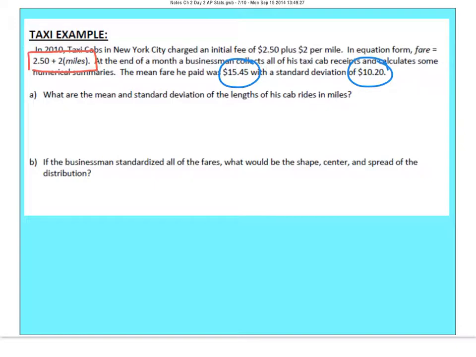And if you solve this equation, we're going to subtract 2.50 from both sides, divide by 2. The mean number of miles would have been 6.475 miles. Now, to find the standard deviation, the 10.20, standard deviation was only impacted by the multiplication, so it's 2 times miles. If you divide by 2, you're going to get that the standard deviation here was 5.10 miles.